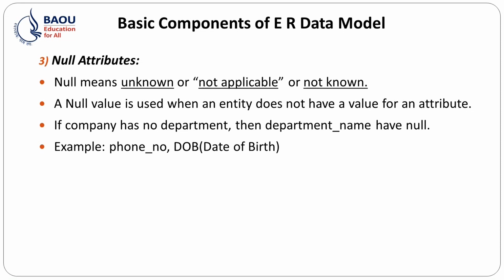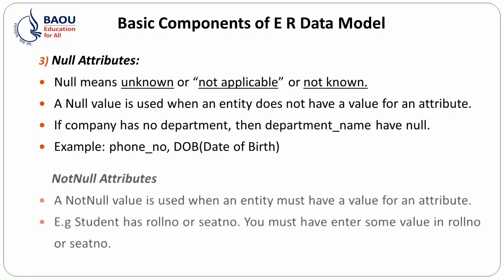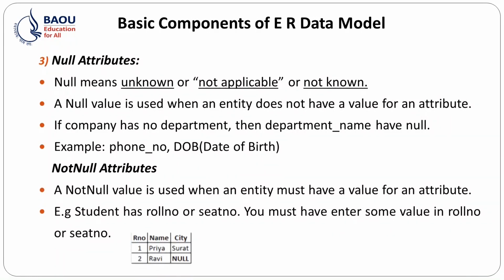A null value is used when an entity does not have a value for an attribute. We don't know the city of the student Ravi, so we can put a null value until we know the city of Ravi.